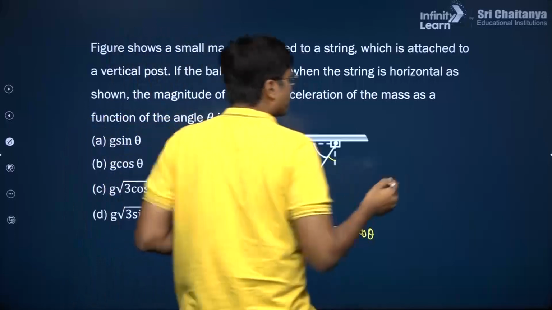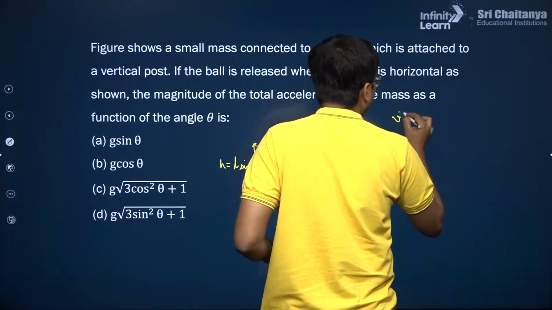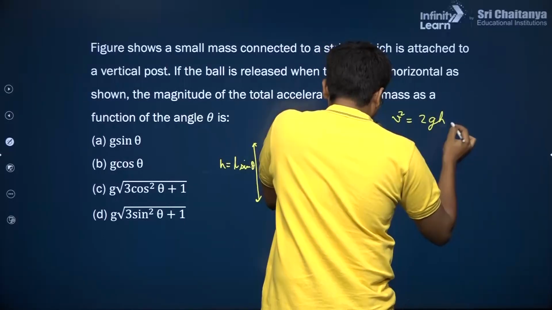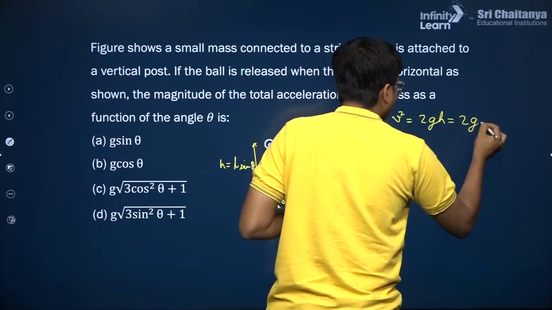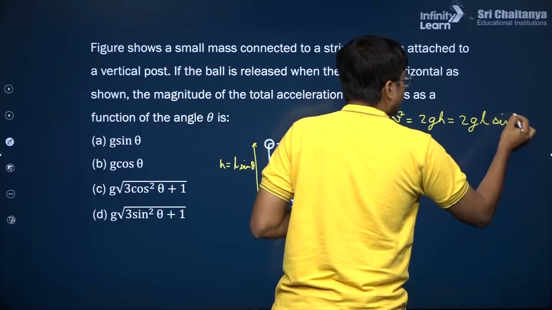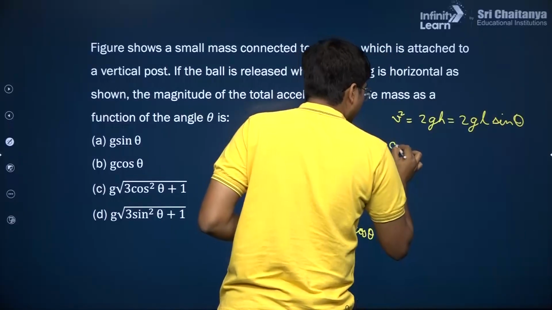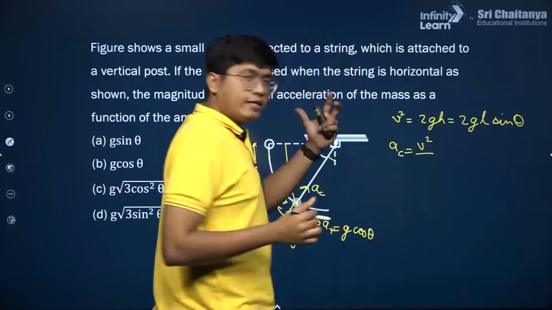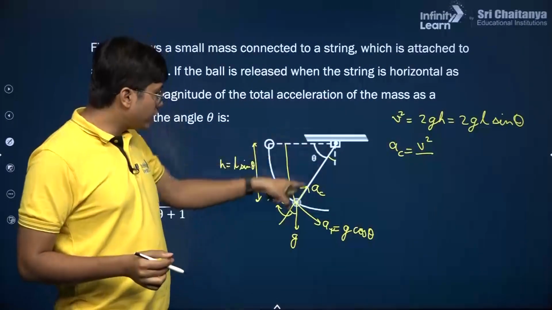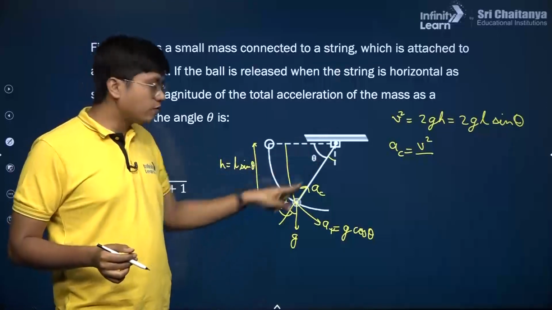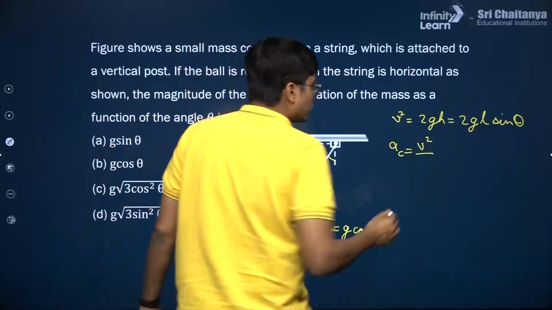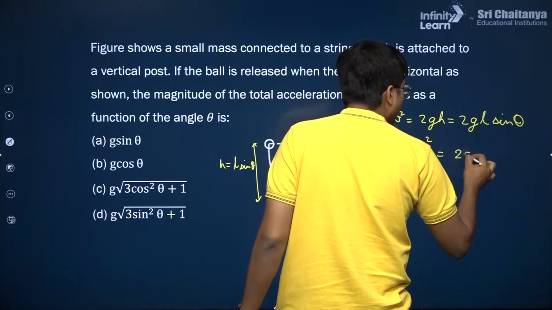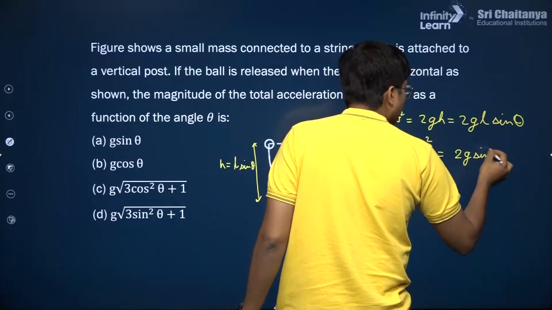And v square is equal to 2gh, which is equal to 2gL sine theta. So the centripetal acceleration a_c is v square divided by the radius. What is the radius? Radius is the length of this string itself, which is L. So v square by L. So this L cancels and you have a_c is equal to 2g sine theta.